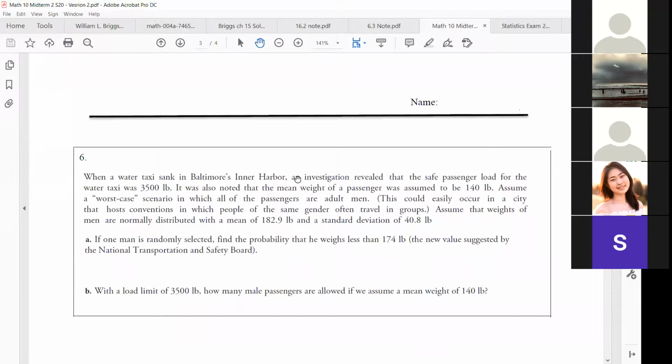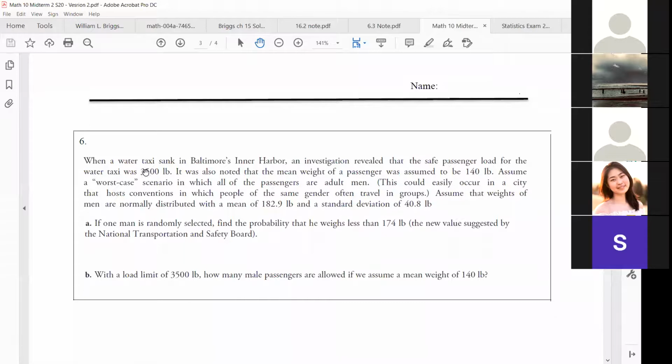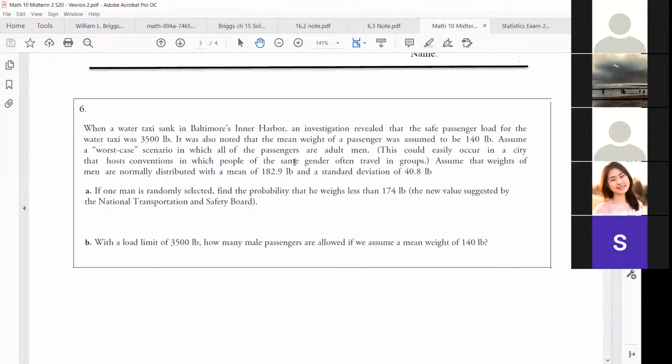Next question. Very interesting question. When a water taxi sank in Baltimore's inner harbor, an investigation revealed that the safe passenger load for the water taxi was 3,500.